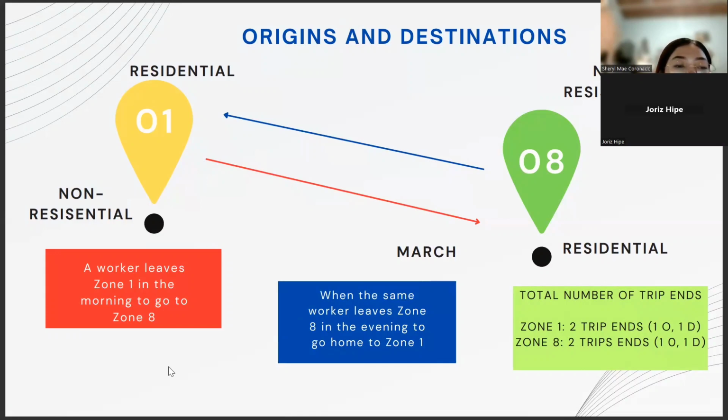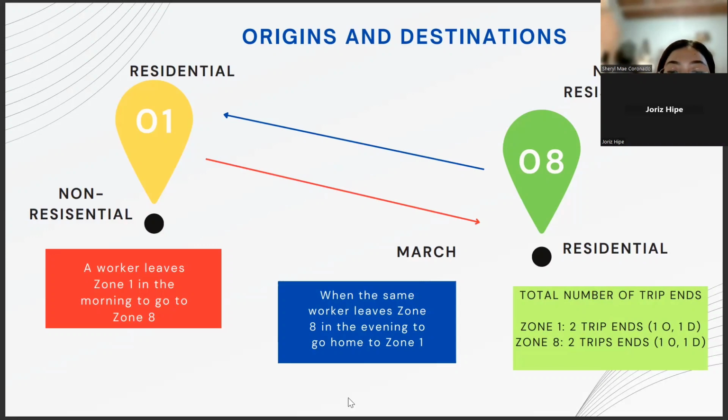For example, a worker leaves zone 1 in the morning to go to zone 8. This results in two trip ends: one origin in zone 1 and one destination in zone 8.